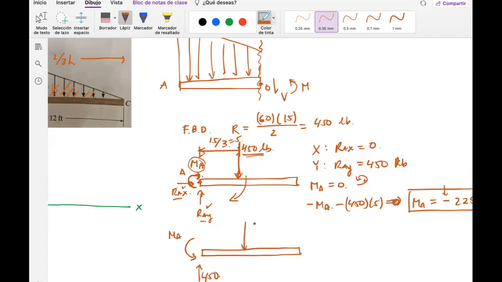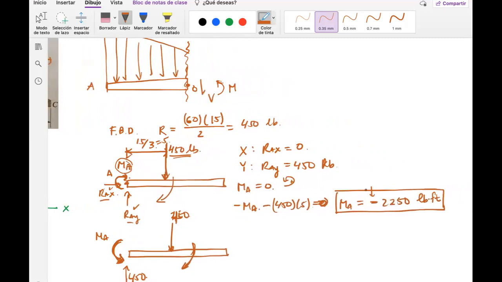This one is now drawn correctly because otherwise this force will produce a moment and try to spin the beam like that, and this moment is resisting this intention of spinning. So this minus just means that I drew it incorrectly here. Now I know that this one is the correct one, and the magnitude I already have.